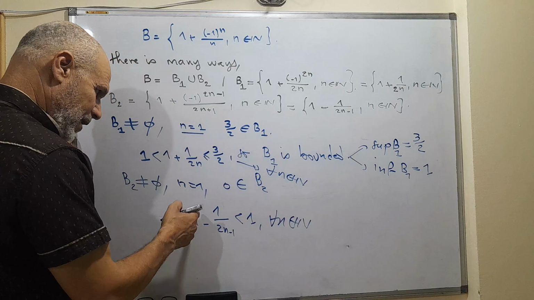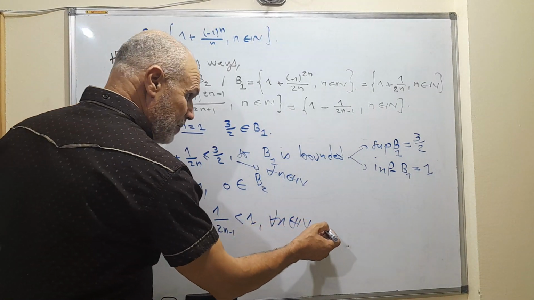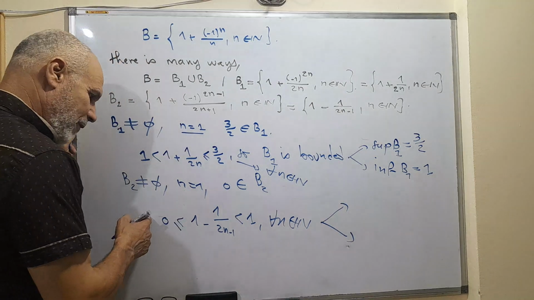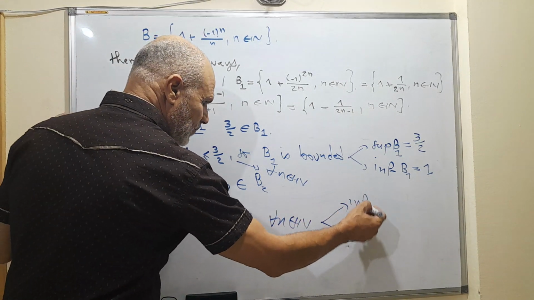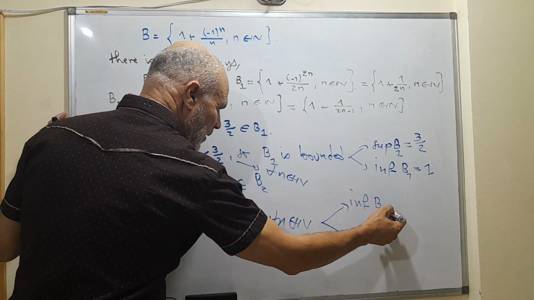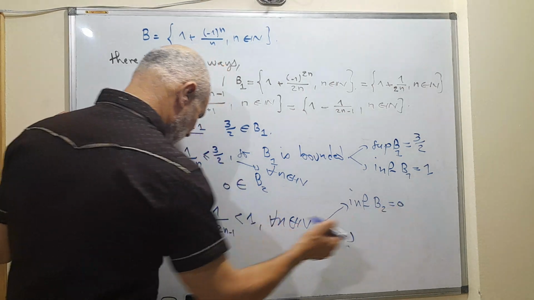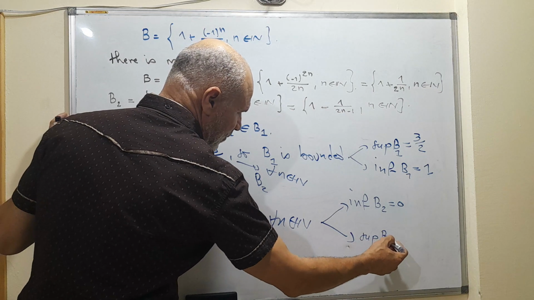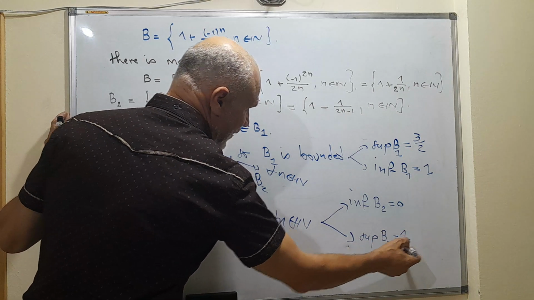And from here, we suspect that the infimum of B2 is equal to 0, and the supremum of B2 is equal to 1.